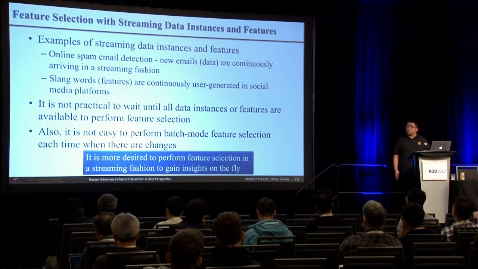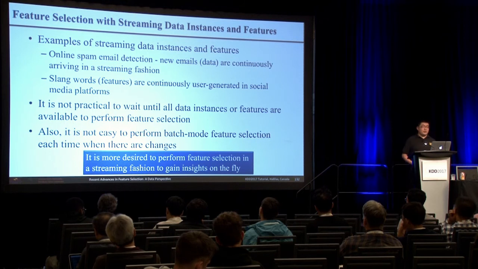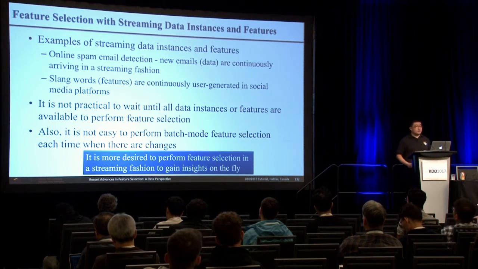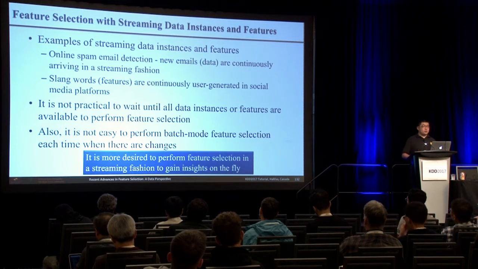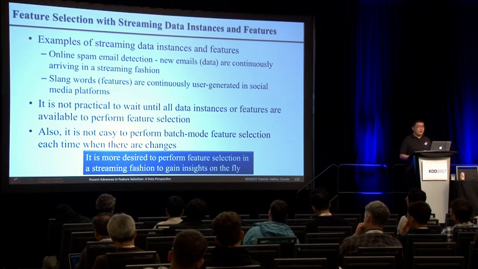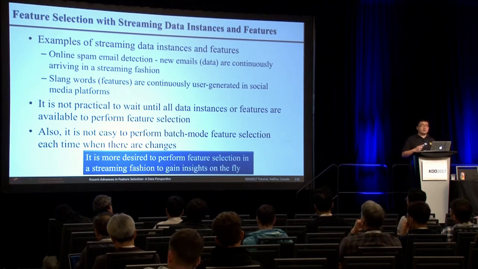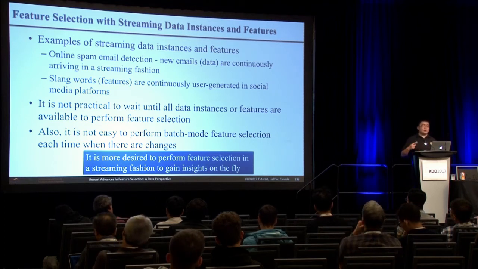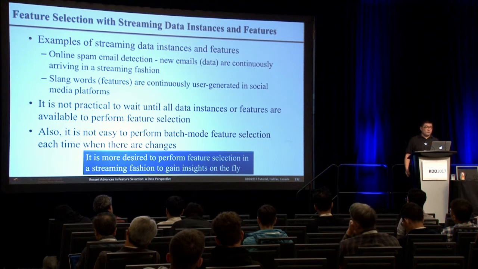Here we give two examples of streaming data instances and streaming features. For streaming data instances, in online spam detection we may continuously accumulate new emails. As new emails continuously arrive, the importance of the features for spam email detection may change over time.